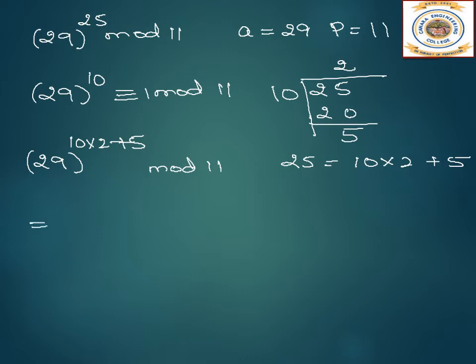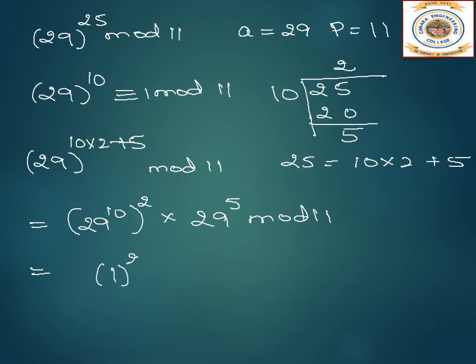So here I can write this as 29 to the power 10 whole to the power 2 into 29 to the power 5 mod 11. So we know that 29 to the power 10 is congruent to 1 mod 11. So you can write it as 1 to the power 2 into 29 to the power 5 mod 11. So after solving this, you get the answer as 10 mod 11.